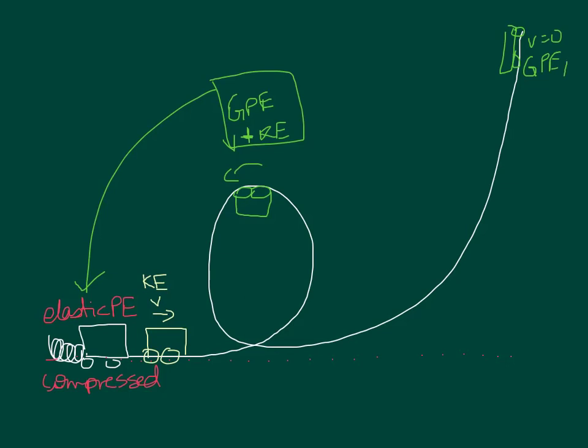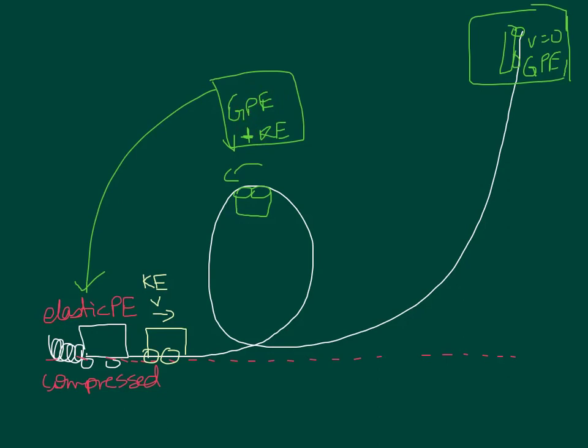So this gravitational potential energy that we have at the very top is the same as that elastic potential energy that we had at the bottom, the same as this kinetic energy we had here, and it's the same as the sum of these two that we had in the middle.